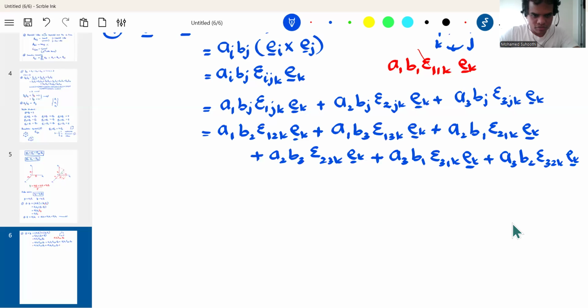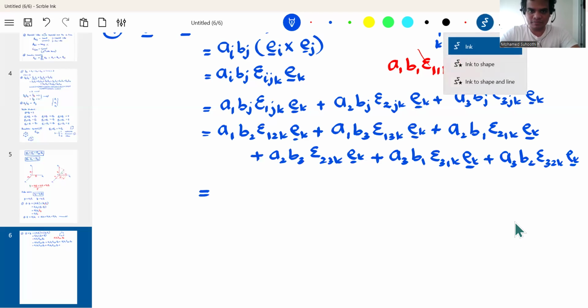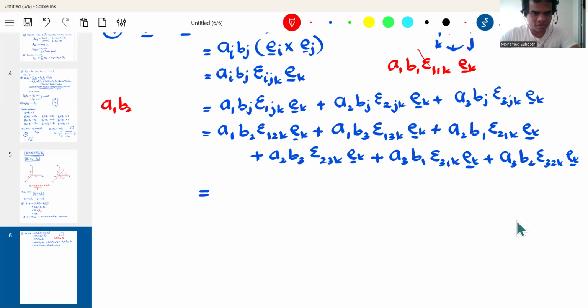Now I am going to substitute k. Again, k is a repeated index, therefore the summation convention is applicable, so I have to substitute k from 1 to 3. When I substitute k equal to 1, I get A1 B2 epsilon_121 e_1, which is 0, because it must follow the order 1, 2, 3, and it is not following the clockwise order.